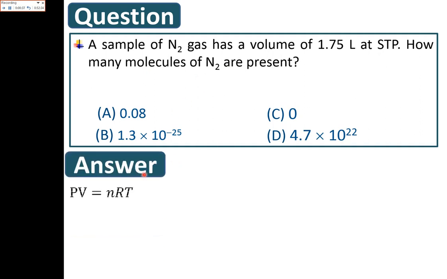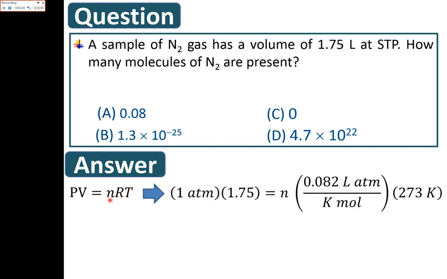So basically the process will start with the ideal gas law, PV equals nRT. Which ones do we have here? We have the pressure, which is 1 atmosphere at STP. We have also the temperature, which is 0 Celsius or 273 Kelvin. We also have the volume here, which is 1.75, and you definitely know the R constant, so you can calculate n.